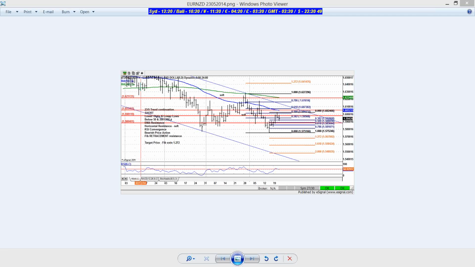Lower highs, lower lows. Yes. Below the moving averages. Yes. EMA resistance. I presume you're saying yes to all of these. Horizontal resistance, soft. Yep. RSI convergence. Yep. Bearish price action. Yep. Fib retracement resistance. Yes. Targeting 1.272.